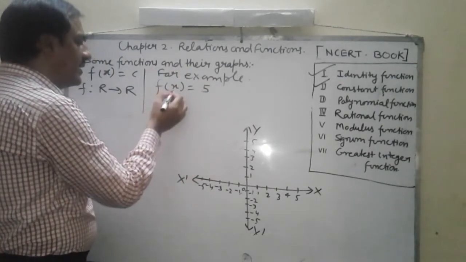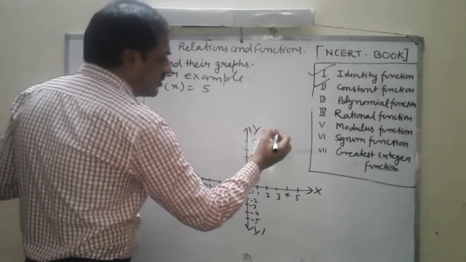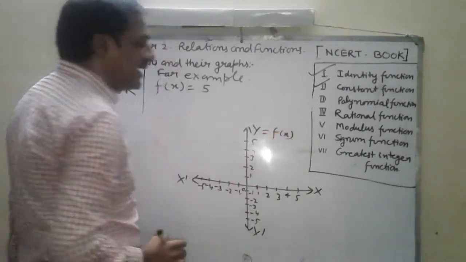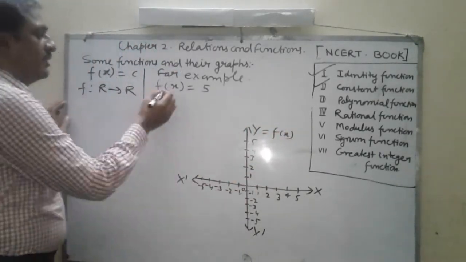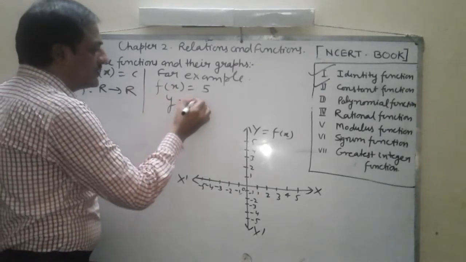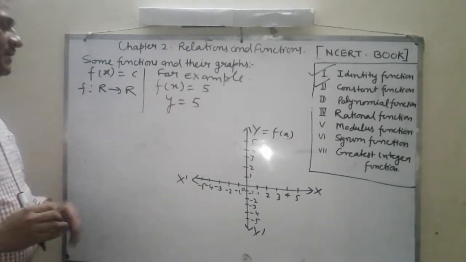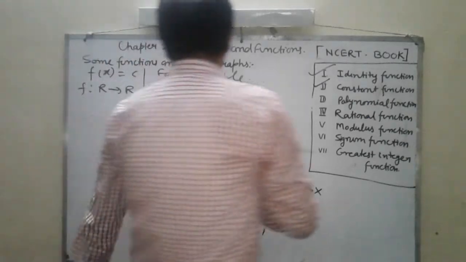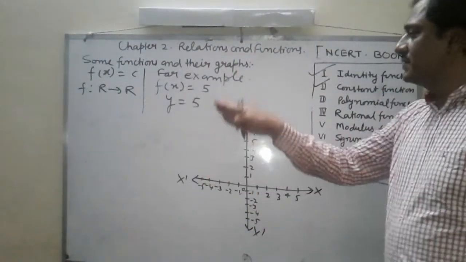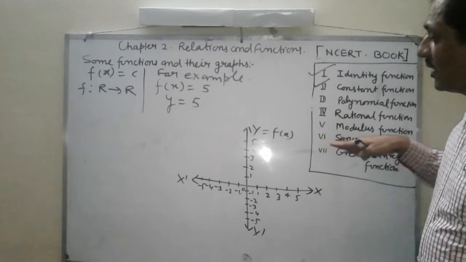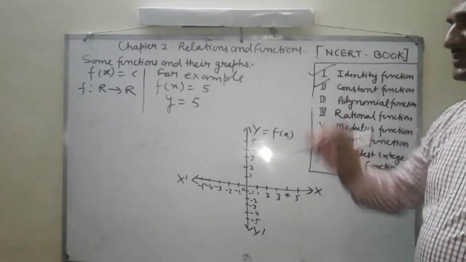So in place of f of x along the y axis, we will write y is equal to 5. Y is equal to 5 means the graph of this function is parallel to the x axis.